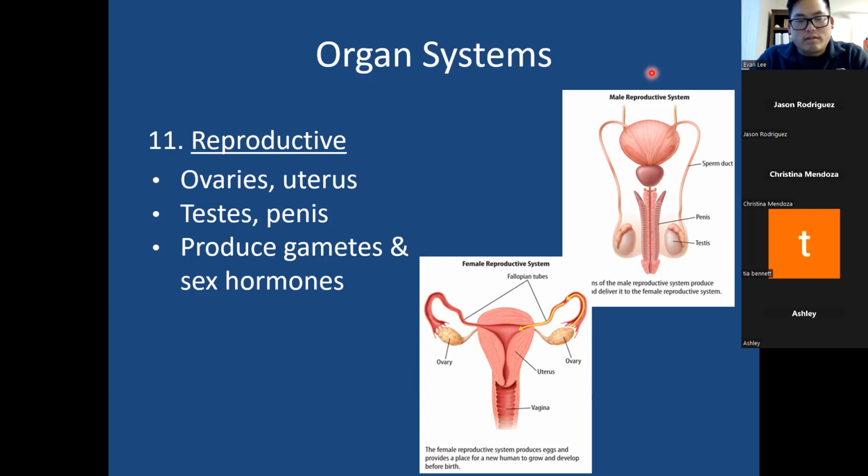Ovaries, uterus, vagina, that will be for the female reproductive system. And then testes, vas deferens, prostate, penis, that's going to be for the male reproductive system. But along with that, it comes with making the cells, the egg cells and the sperm cells, but also the hormones, estrogen, progesterone, and testosterone.